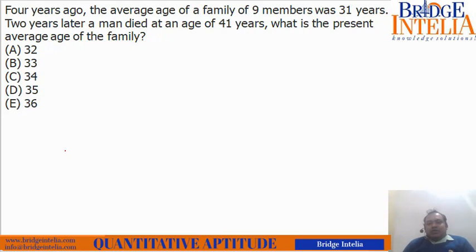Let's take the next one. 4 years ago, the average age of a family of 9 members was 31 years.